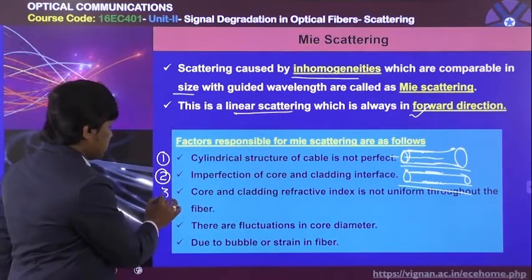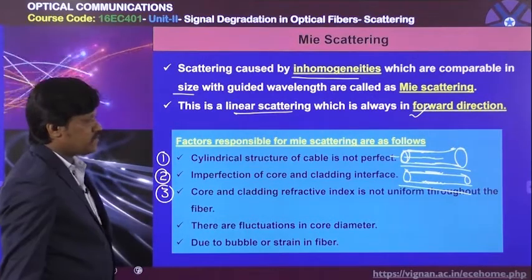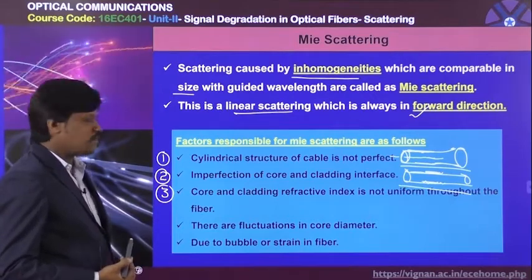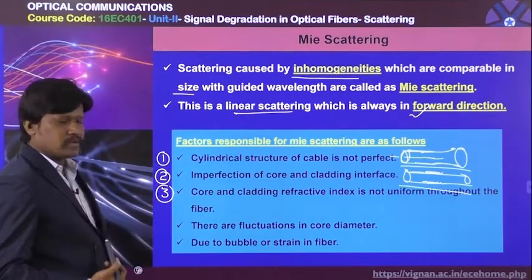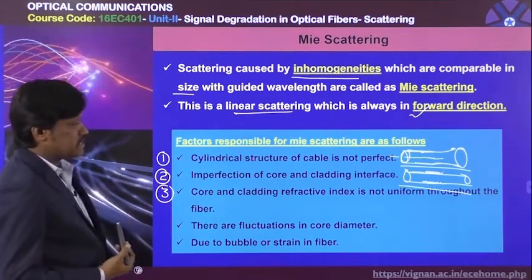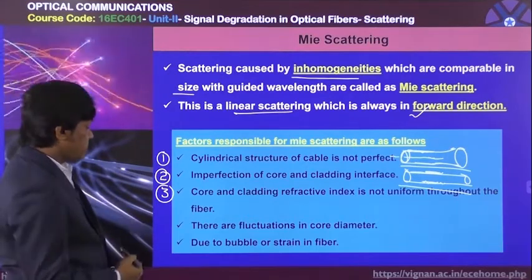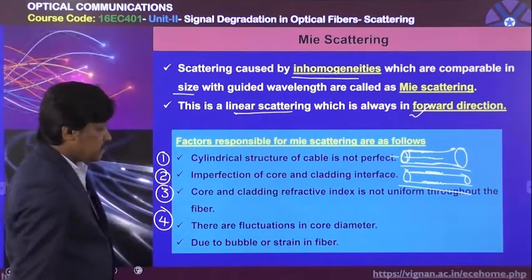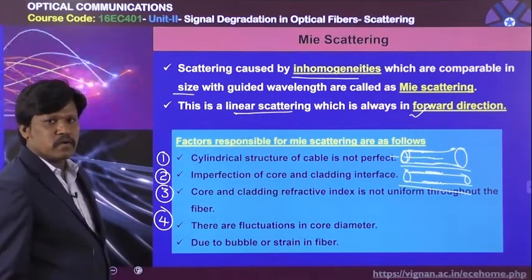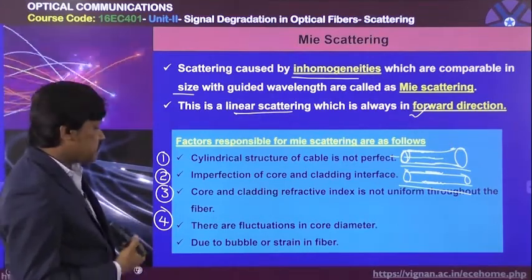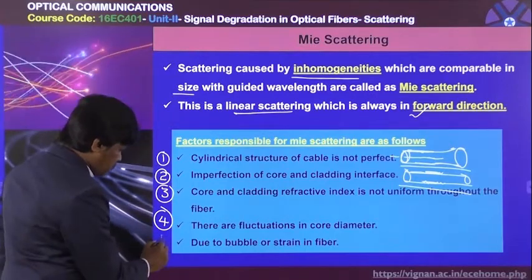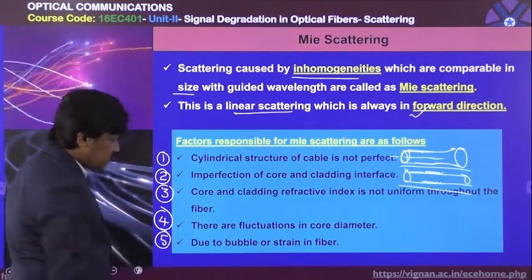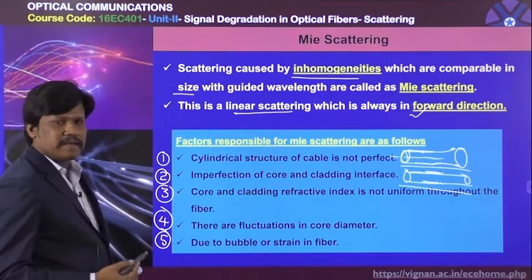The third one is that the core and cladding refractive index is not uniform throughout the optical fiber cable. The fourth one is that there are fluctuations in the core diameter. And the fifth one is due to bubbles or strain in the fiber.